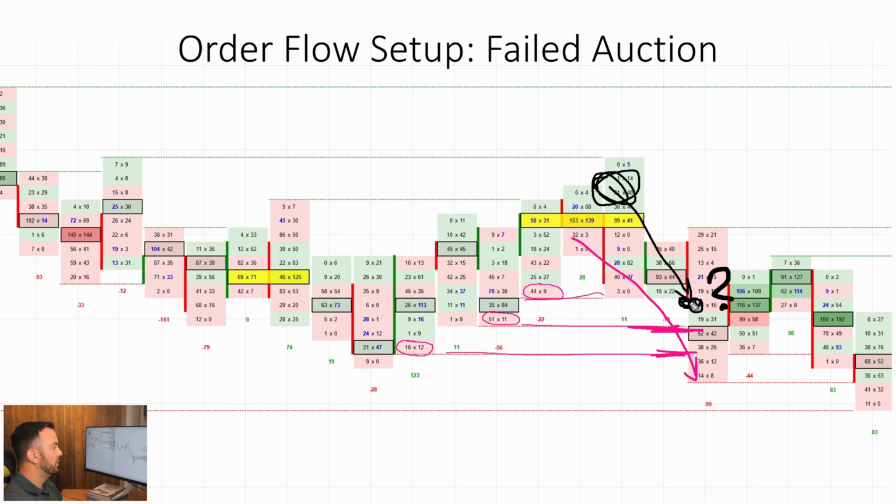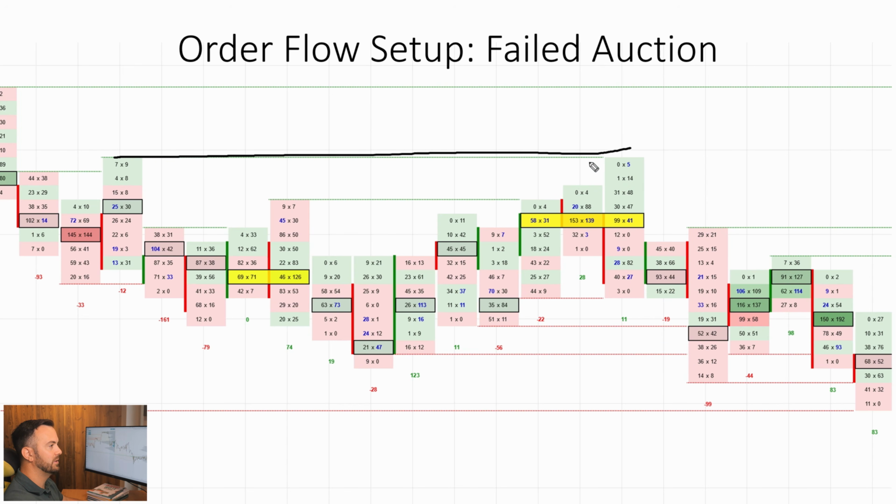So you may want to hold that trade a little longer, at least 1 pip below the last failed auction, and take your profit in here, right? Because a failed auction is likely to get tested, especially if the price comes close to it. It works sort of like a magnet, all right? As you can see, for example, in here and in here, again, failed auctions got tested, right?